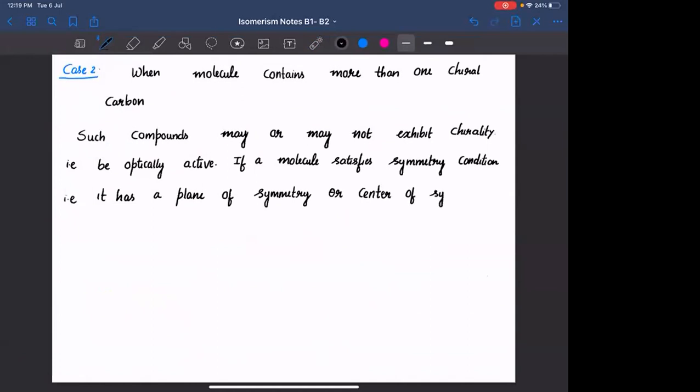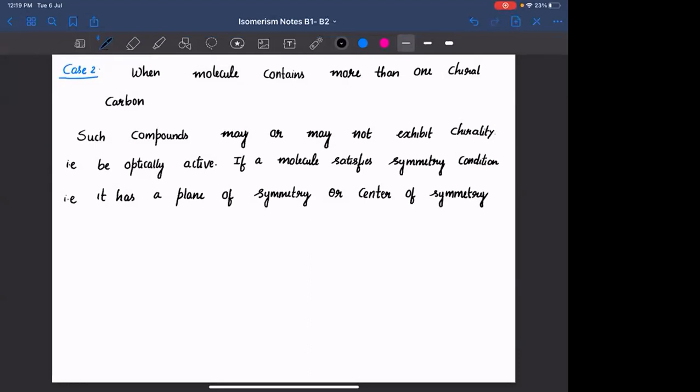Center of symmetry is different from axis of symmetry. What is meant by axis of symmetry? If you rotate a given molecule about an axis, you will get the same molecule again. That is called axis of symmetry. Axis of symmetry is different from center of symmetry. What does plane of symmetry mean? About a plane, the molecule will be symmetrical.